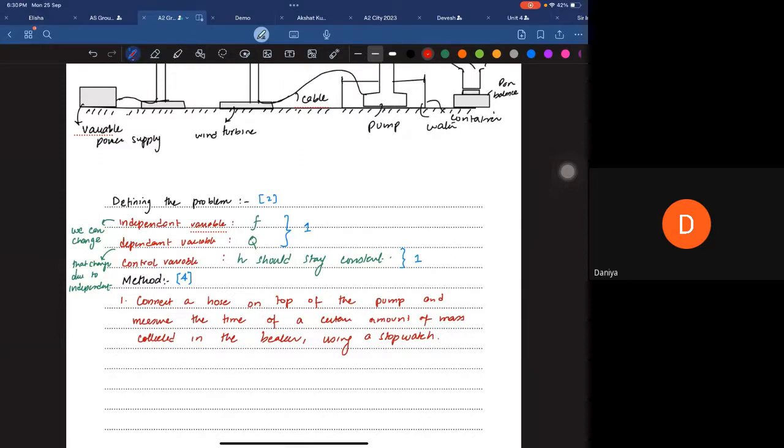Now I also need to write how we can measure the frequency, because obviously we're doing that.